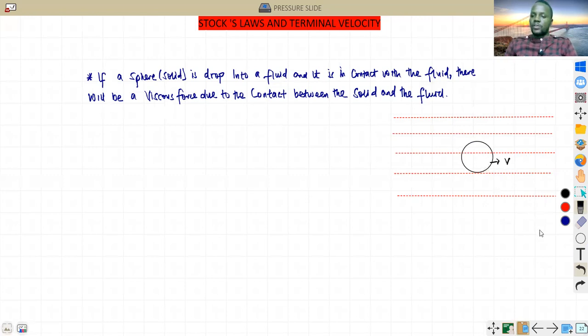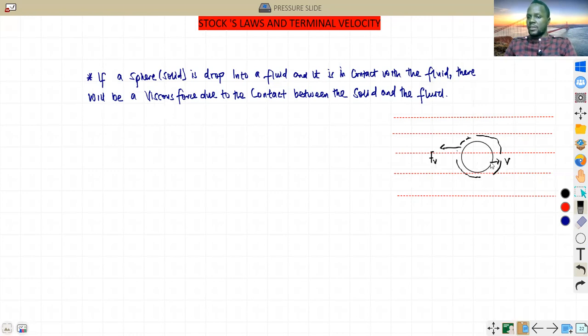So there will be some contact between the layers of the fluid, something like this, and this will be in contact with this. And because of that, they will also generate a viscous force, which we have discussed, in the opposite direction.